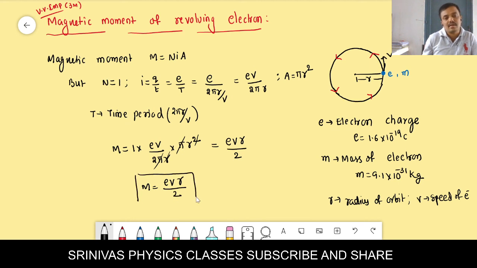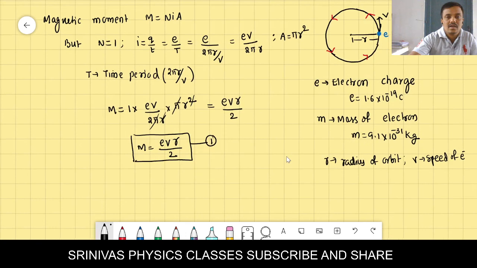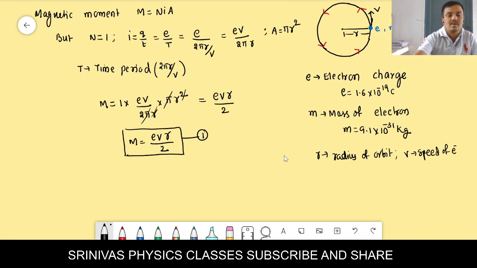This is the formula for the magnetic moment of a revolving electron, very important. Next they may ask for the relation between the magnetic moment of a revolving electron and its angular momentum. Then I will change the magnetic moment formula in terms of angular momentum.